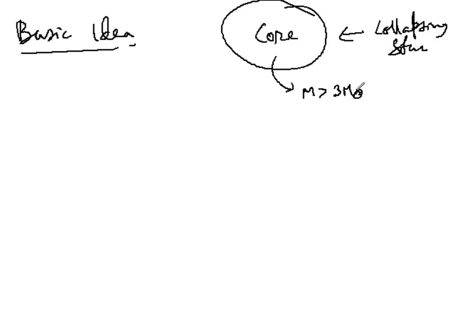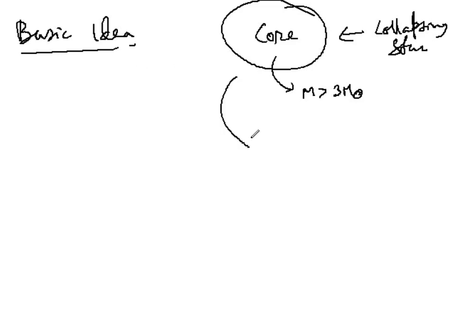This object will not stop collapsing when it reaches the size of a white dwarf, because the degenerate electrons cannot support the weight. And later on, as it keeps on collapsing, it will not stop when it reaches the size of a neutron star, again because degenerate neutrons cannot support the pressure.